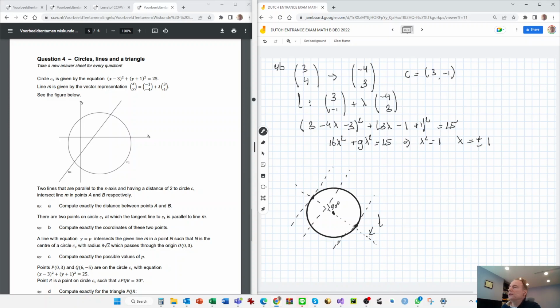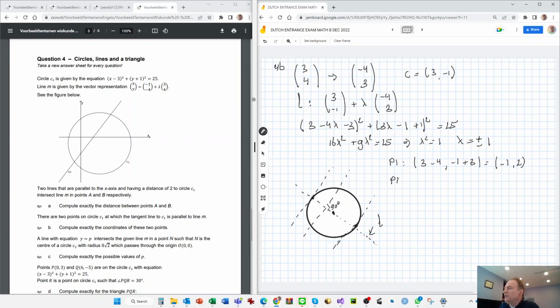Okay, that turns out to be pretty convenient. So that means point 1 will be 3 minus 4 minus 1 plus 3 is minus 1, 2.